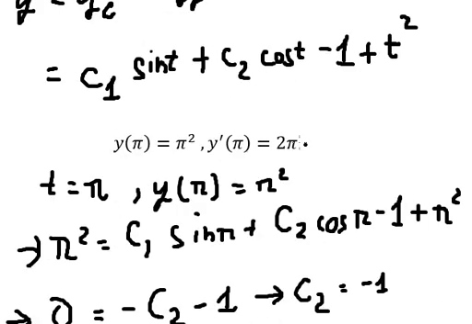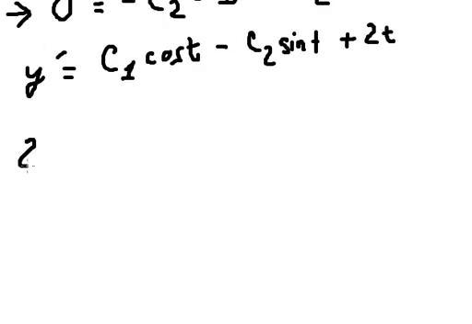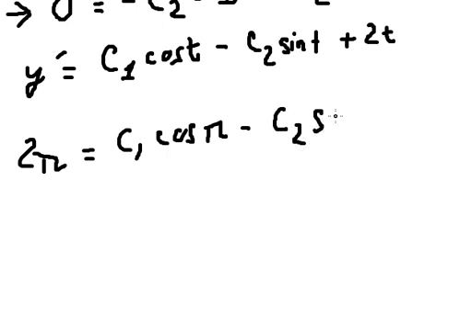Now we substitute t equals pi in here. Cosine pi is negative 1, this one we have 0, and 2pi and 2pi cancel each other.